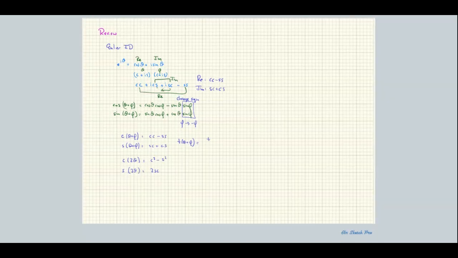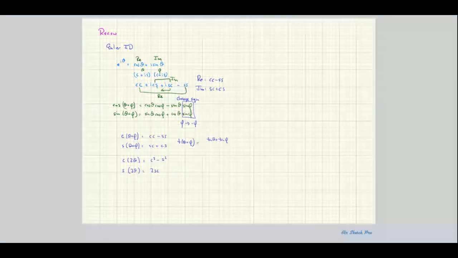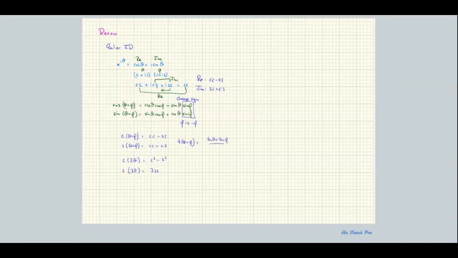So it's tan plus tan over 1 minus tan. No, 1 minus tan, tan. Yes, theta phi. Thank you.